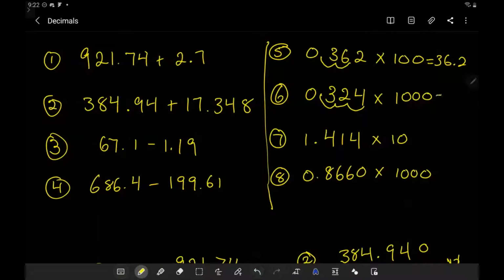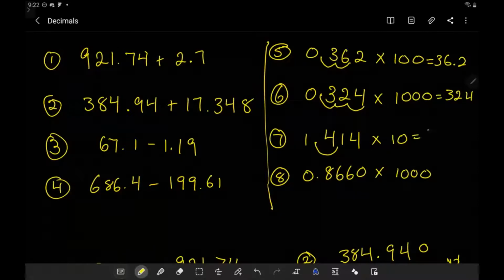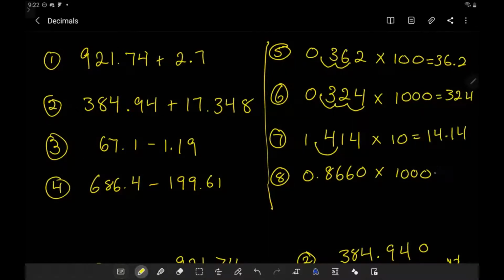So the answer would be 324. You want to multiply this number by 10, the rule still applies. You move it 1 space, so this is equal to 14.14. This one, you have to move the decimal place 3 places. So this is 866.0.